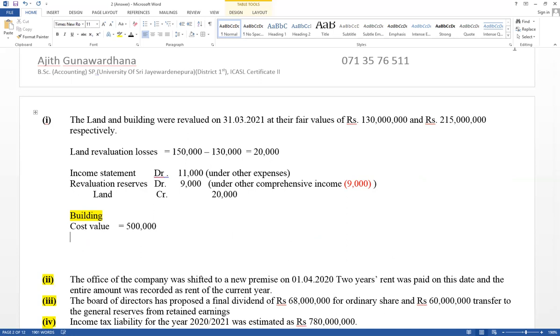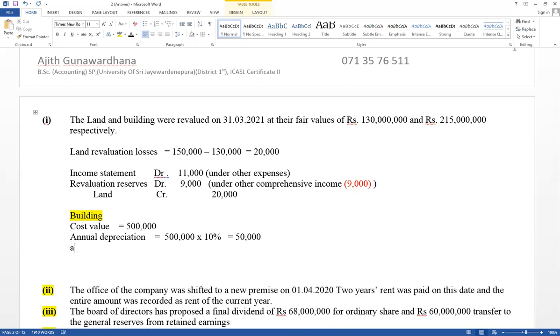And annual depreciation you have to calculate based on cost value. It has given the percentage 10%. Therefore, annual depreciation equal 50,000.